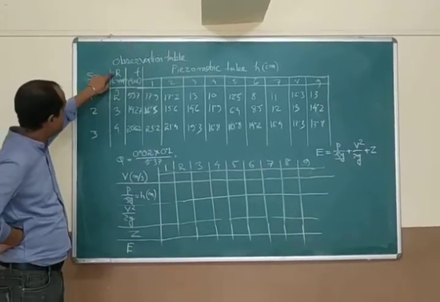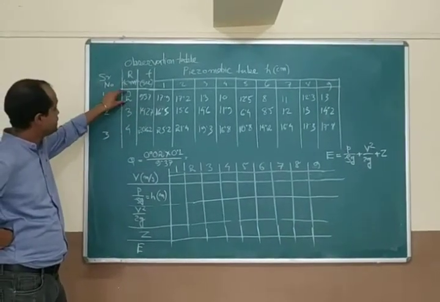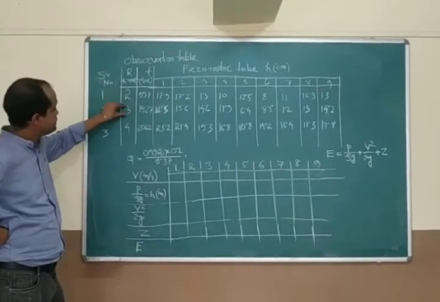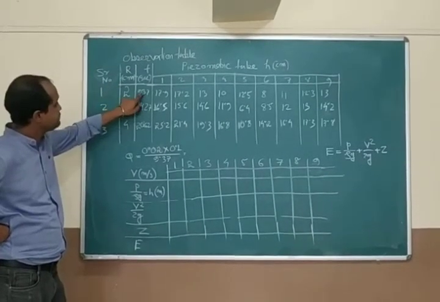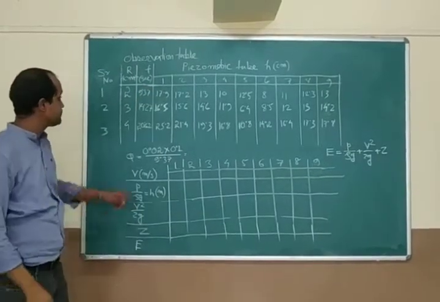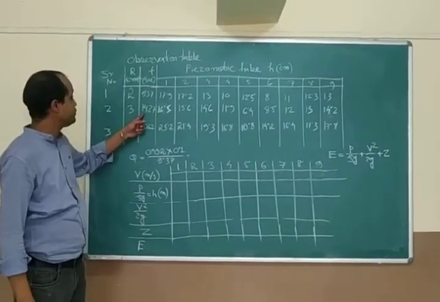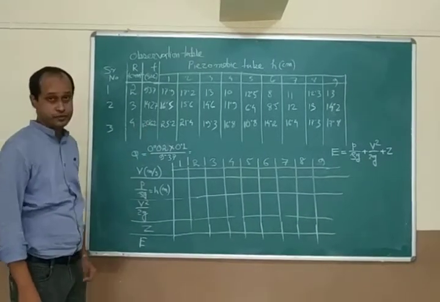This R value is the level of water rise. We are considering 2 cm, 3 cm, 4 cm, and the time taken is 9.37 seconds for 2 cm, 14.27 for 3 cm, and 20.62 for 4 cm.